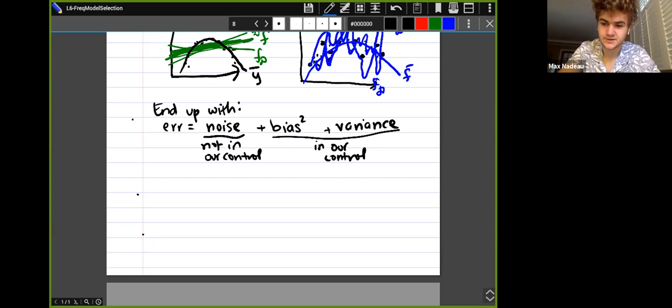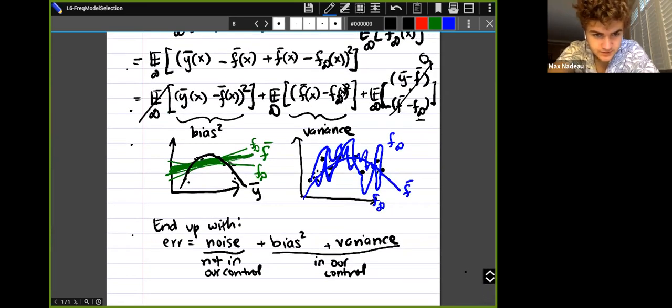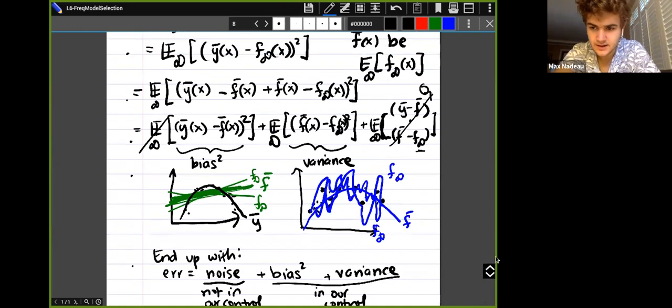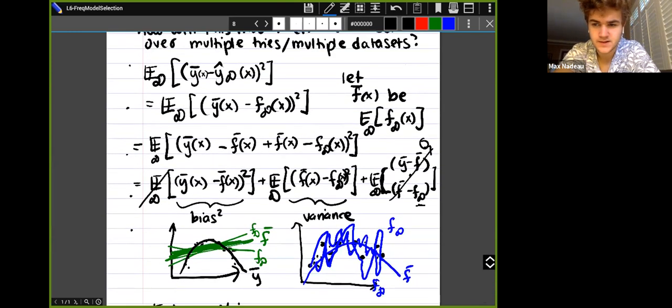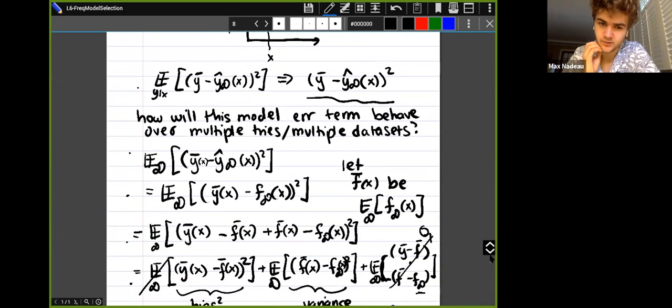May I ask a question? Go for it. So this equation that you have here, we started with this expectation over all y given x, and you said that this is what we were interested in, and then at some point we introduced the expectation over all data sets, and I'm just wondering when that happened.